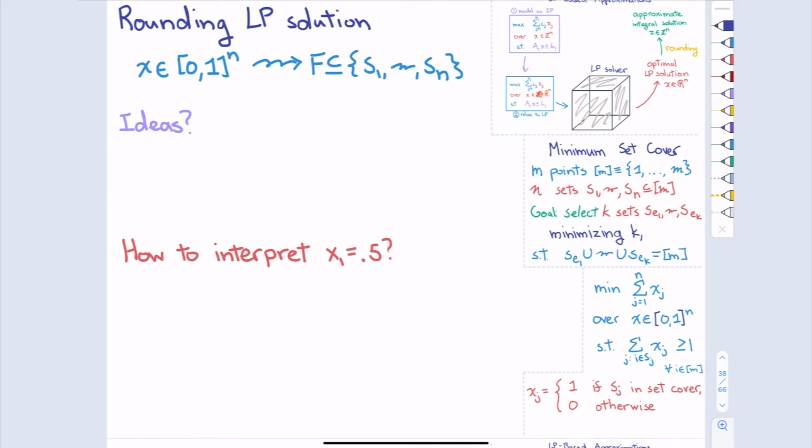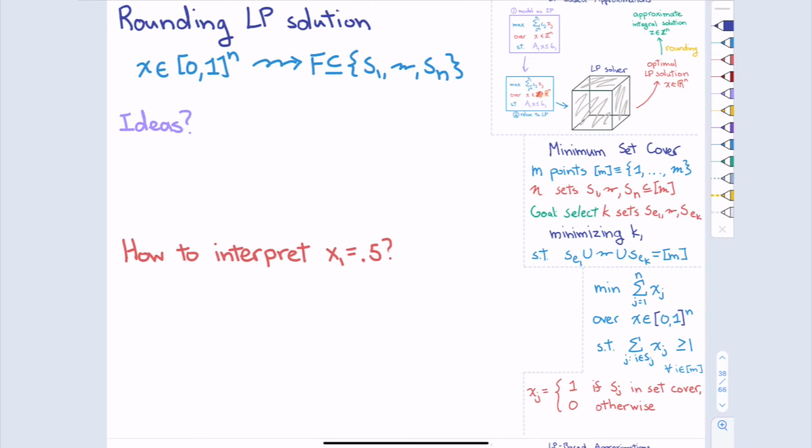Question. What is our objective here? Do we want to always get a correct set cover, but it might use more sets than... That's right. Okay, so when we do approximation algorithms, we always want to satisfy the constraints and approximate the objective. So in this case, I want to make sure that I do cover all of the points, but I'm allowed to take some extra sets.